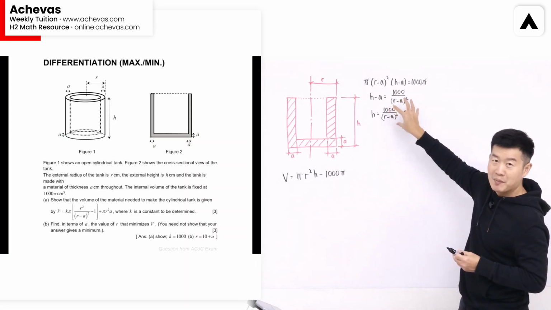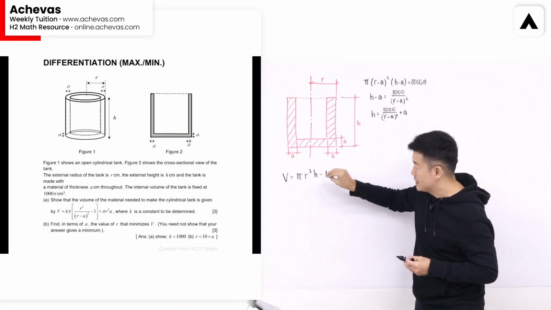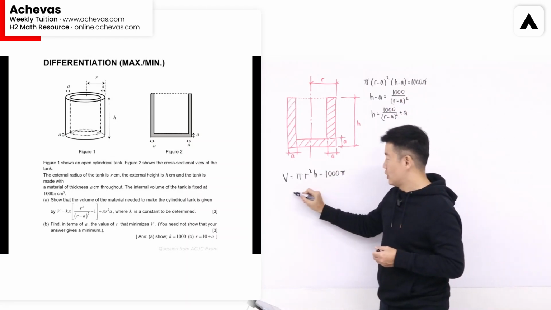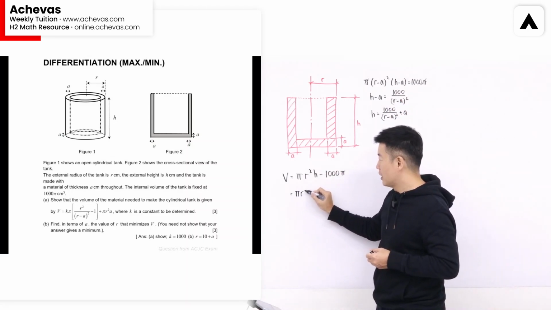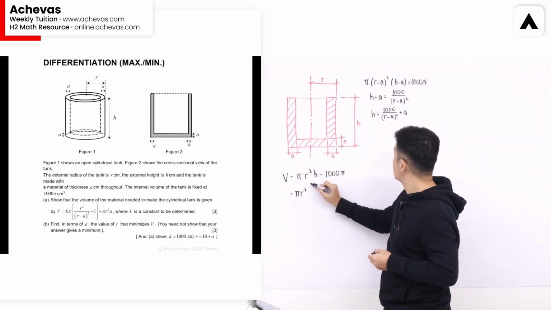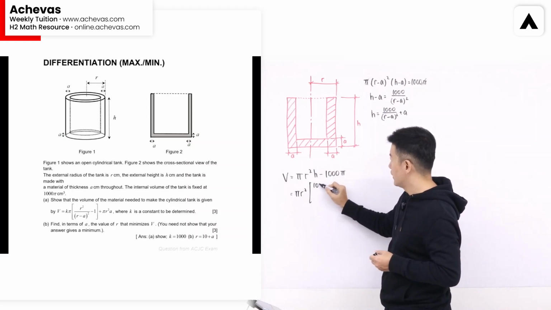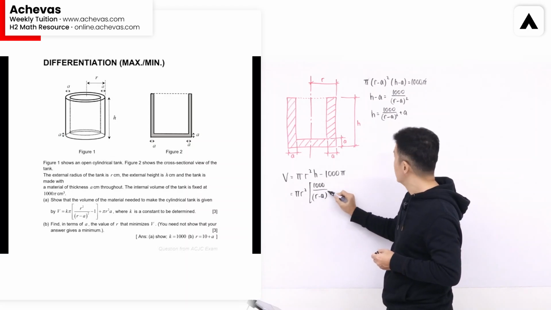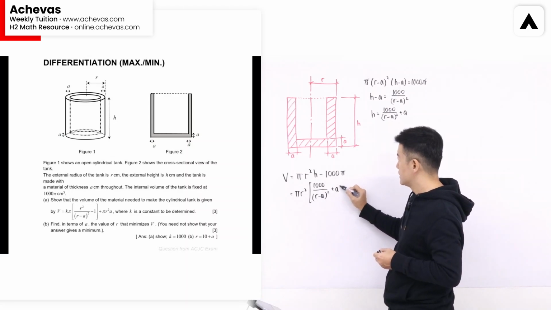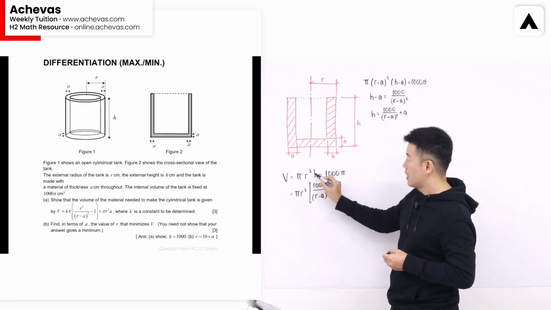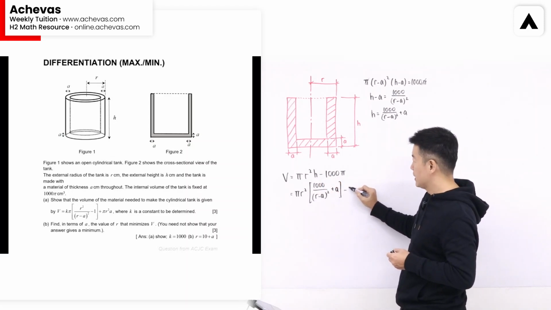And we're going to make use of this expression to replace the h that is here. So this is going to be pi r square h. H here is going to be 1000 over r minus a square, then plus a. So pi r square h minus away 1000 pi.